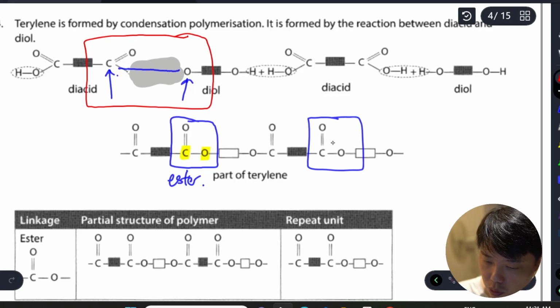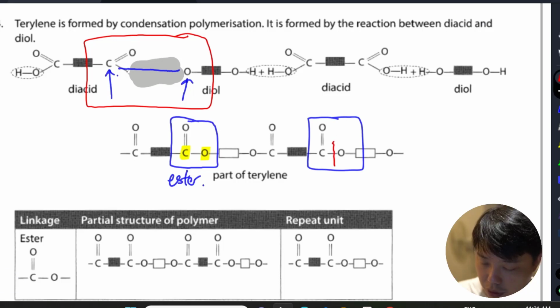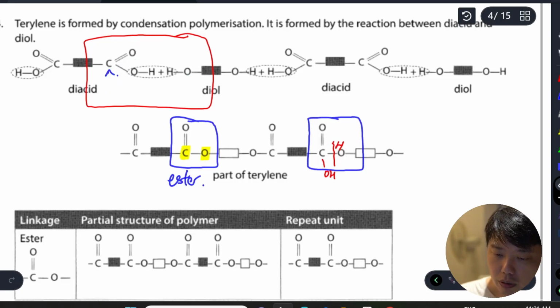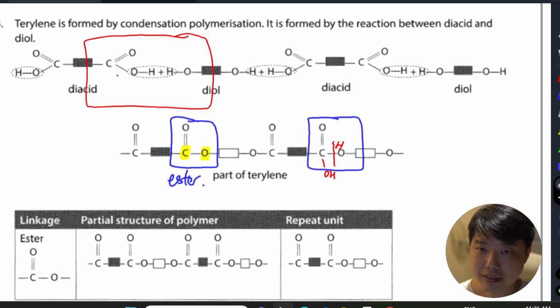We're going to cleave this new bond that was formed, and add back the OH, and add back the H to the O. So in essence, we're adding back the water molecule that we took out earlier on. Basically we're reversing this whole procedure, and we're getting back the diacid and the diol.